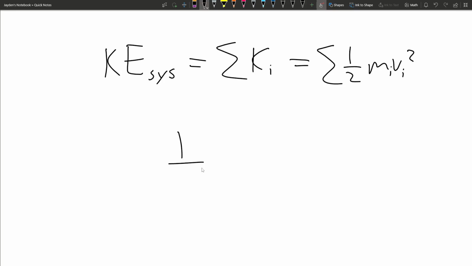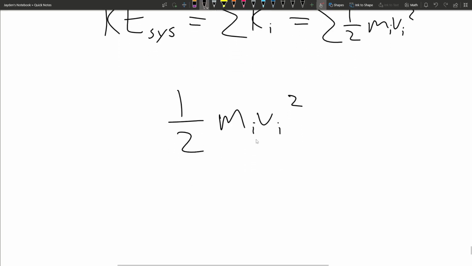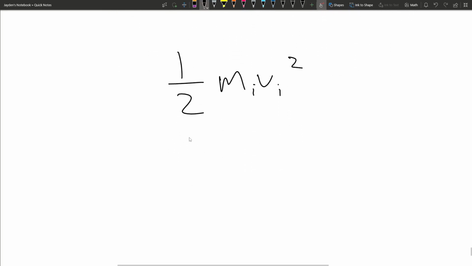So one point mass would be 1/2 m1 v1 squared, and we can replace velocity with r omega if it's rotating.